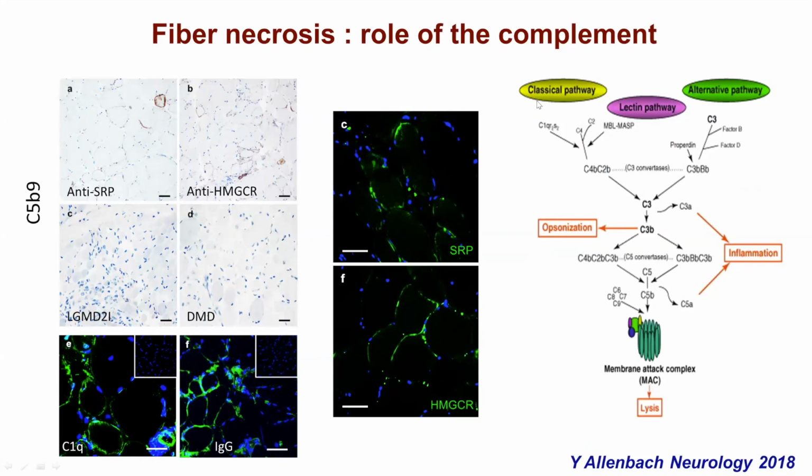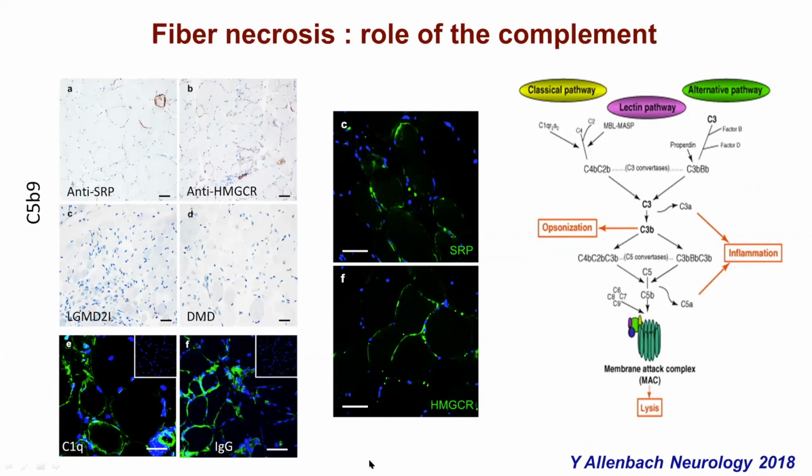The classical pathway is activated by immune complexes between, for instance, a bacteria and an antibody. Here you can also observe on muscle biopsies some deposits of immune complexes, of immunoglobulins, at the surface, decorating some muscle fibers.